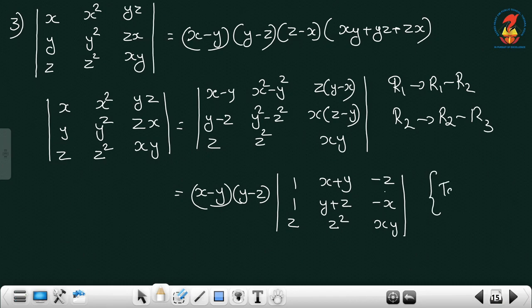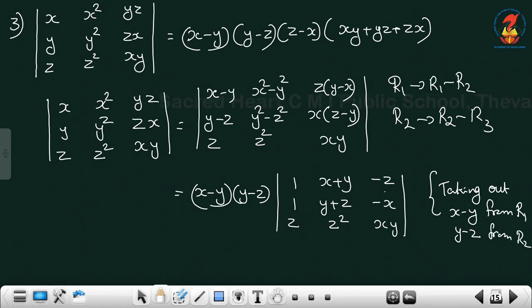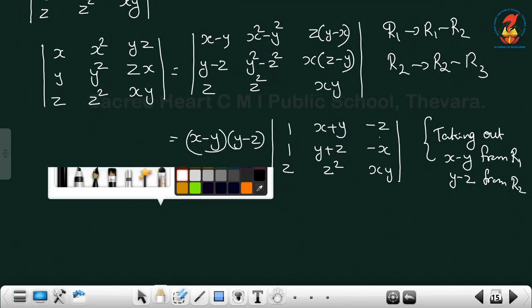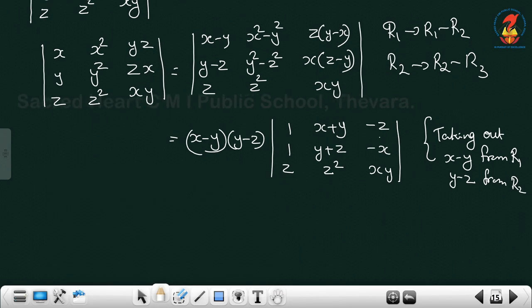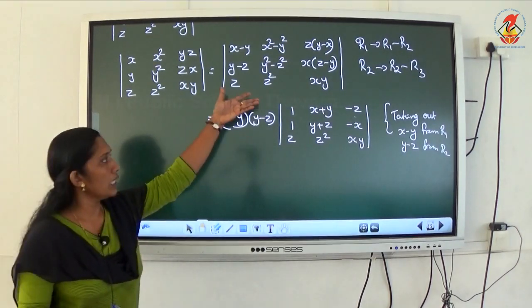Here taking out x minus y from R1 and y minus z from R2.